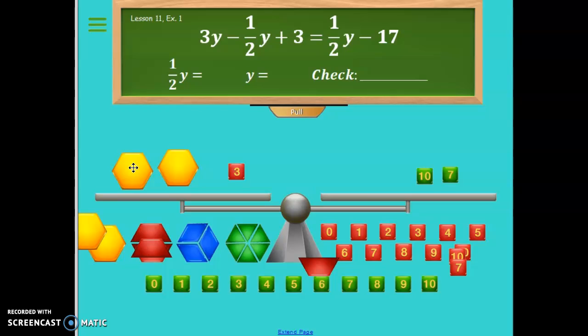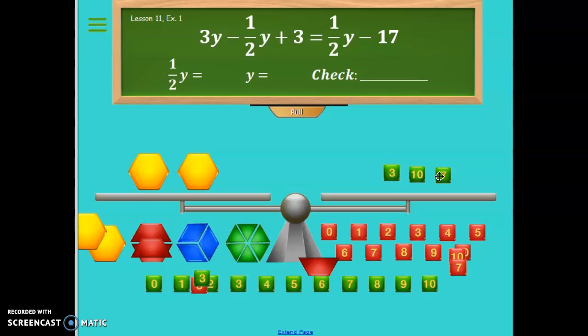So if I want to turn it into a 0, I can use the addition property of equality. So I can add a negative 3. And whatever I do to one side, I have to do to the other. So then I would have to add a negative 3 here. And now that I have a 3 and a negative 3 that makes 0, I can just take it off the balance. Okay, so then I end up with 2y equals a negative 20.